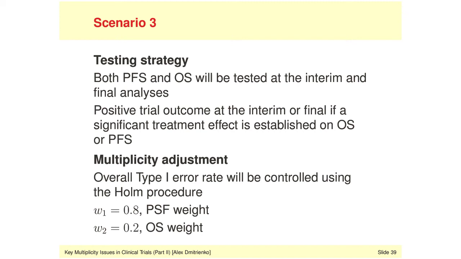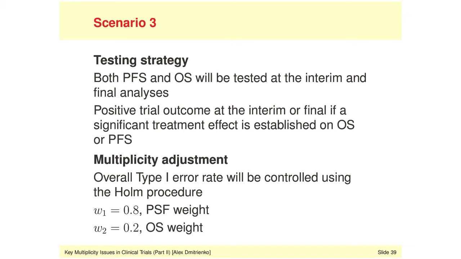And the positive trial outcome at the interim or final analysis will be concluded if there's a significant treatment effect on either overall survival or PFS, which means that we can no longer apply the fixed sequence testing strategy. It would be more appropriate for us to use an alpha splitting strategy of some kind.